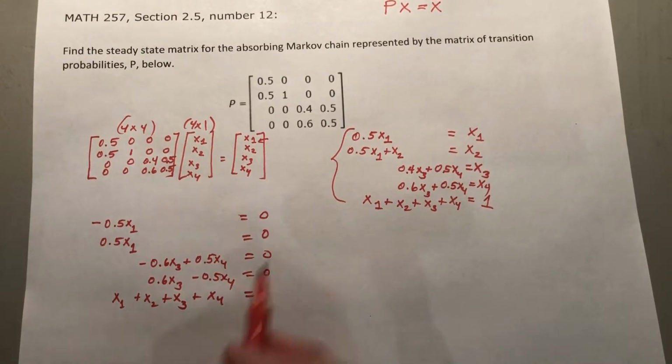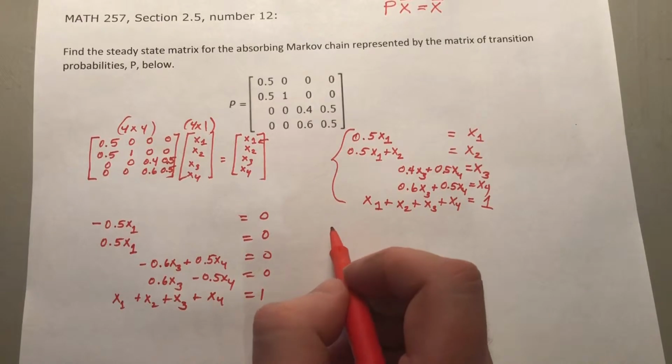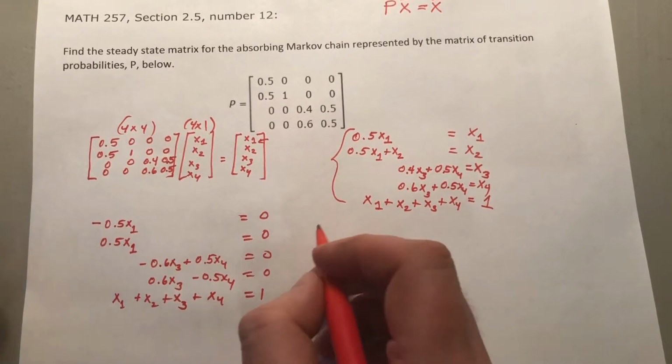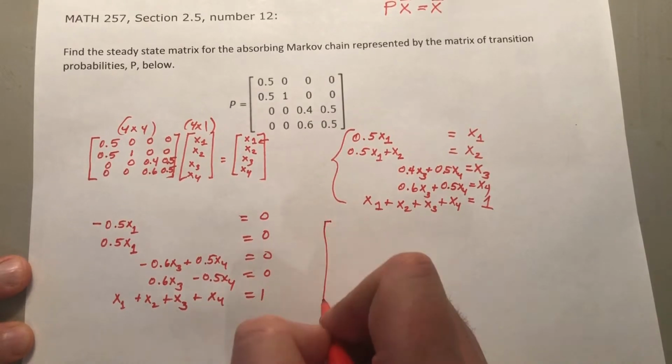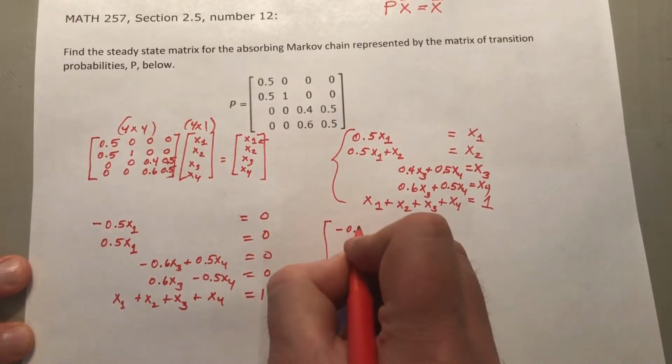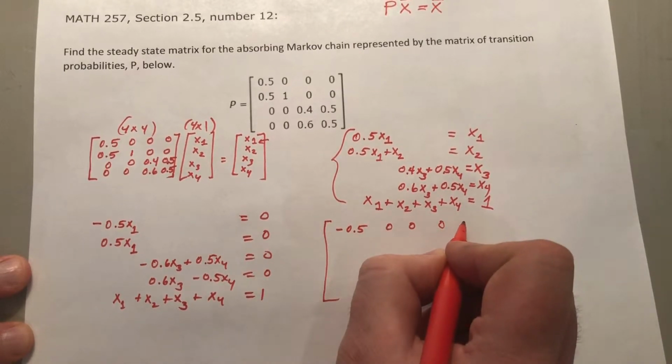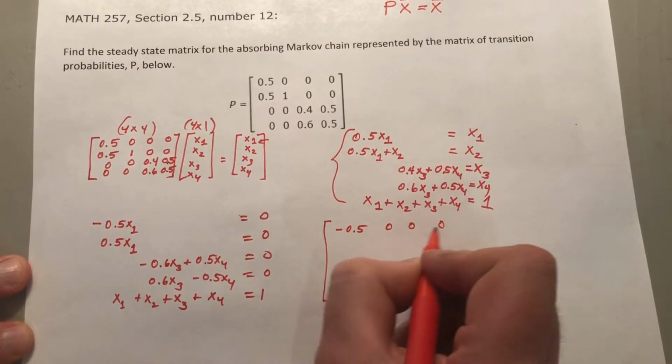Now this is ugly as it is, but if I turn it into an augmented matrix and put it in my calculator, that's really easy to row reduce. So I get 0.5, 0, 0, 0. Let's see how many zeros.